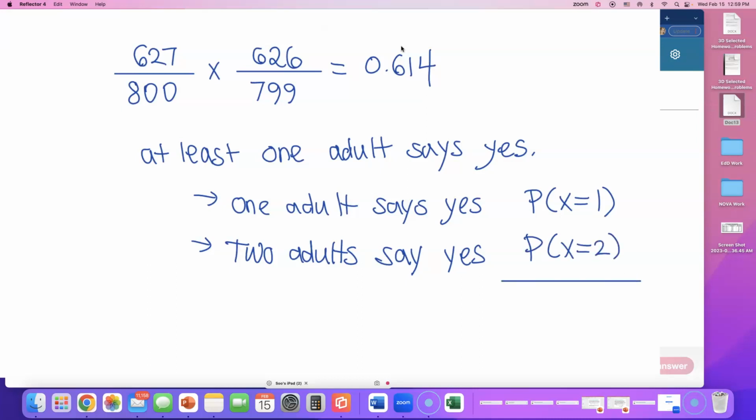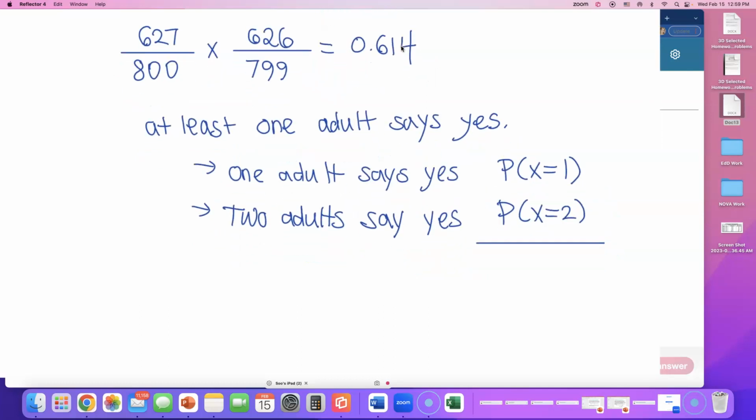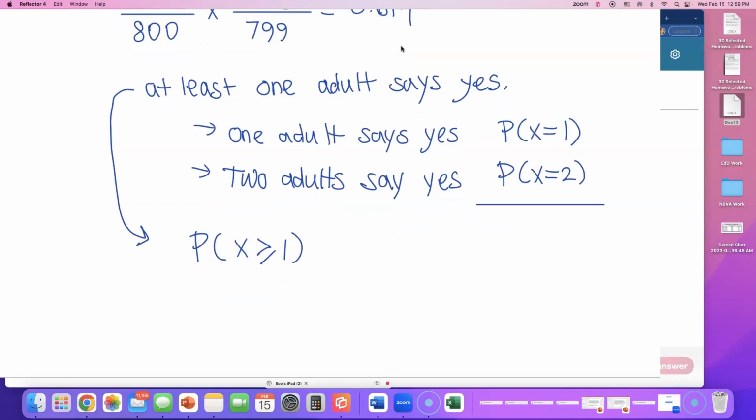Okay, but I think there is an easier way to do this. The opposite of at least one person. Because at least is greater than or equal to, right? You will agree with me that at least in symbol is greater than or equal to, right? But what is the opposite of greater than or equal to?